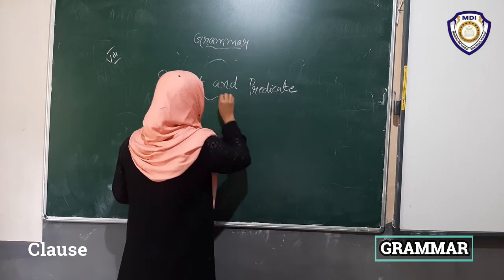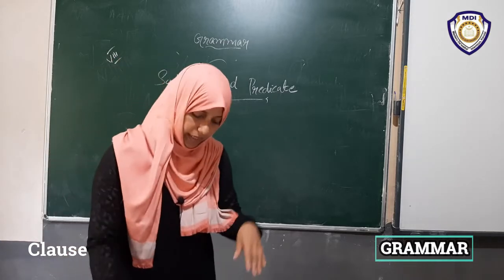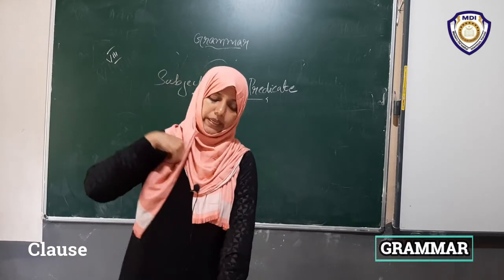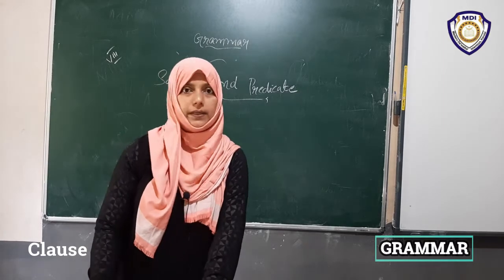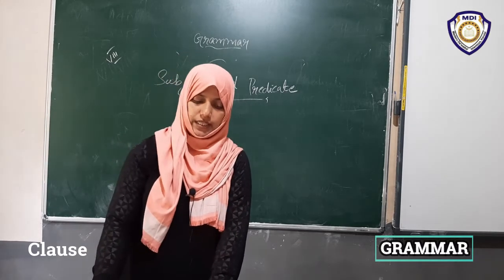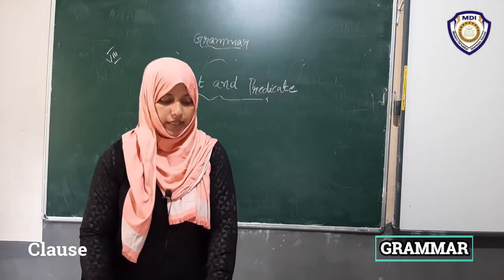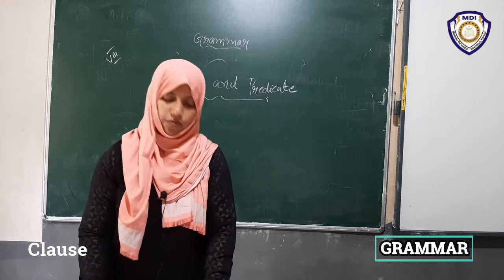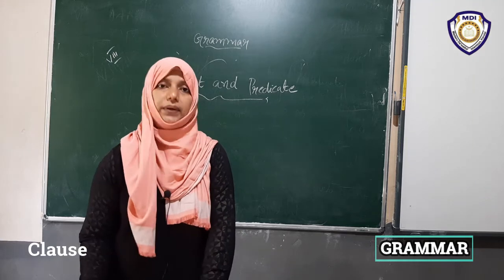Now we are going to discuss subject and predicate. When we form a sentence, we name a person or a thing and say something about the person or thing. The part of the sentence that names a person or a thing is called the subject. The subject can be a word or a group of words. The part that tells us something about the subject we call the predicate.